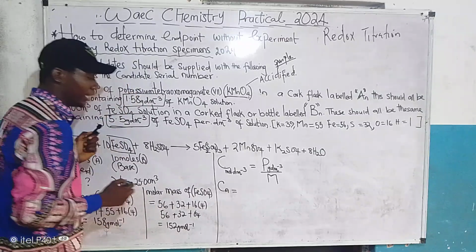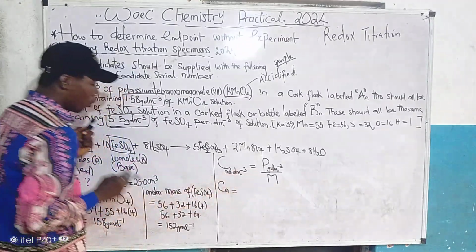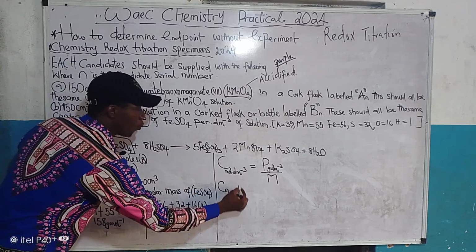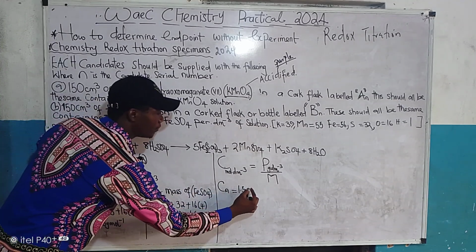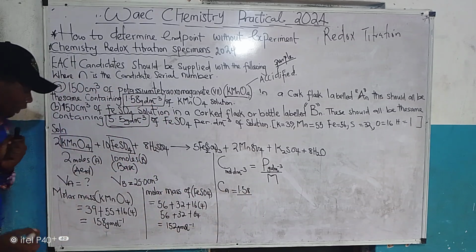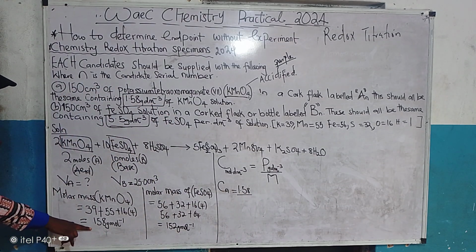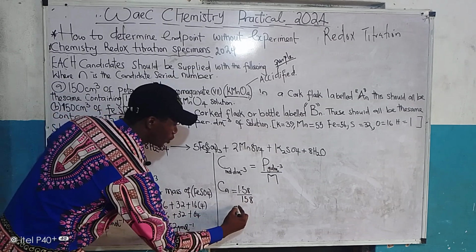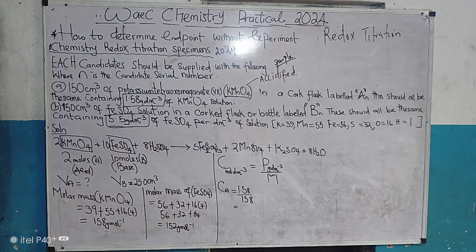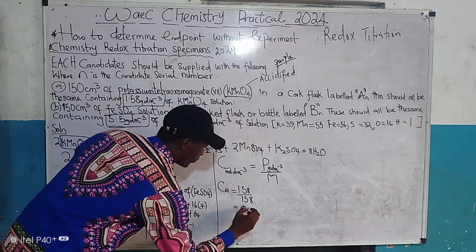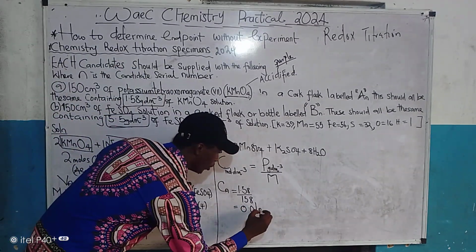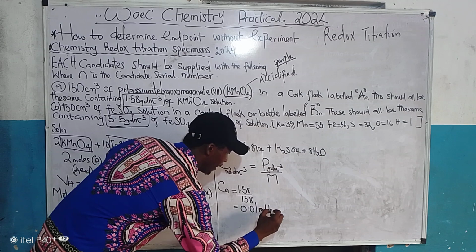Very easy. It is the mass concentration of A, which is 1.58, over the molar mass. What's the molar mass of A? We have solved it: 158. What will this give us? 1.58 over 158 gives 0.01 mole per dm³.